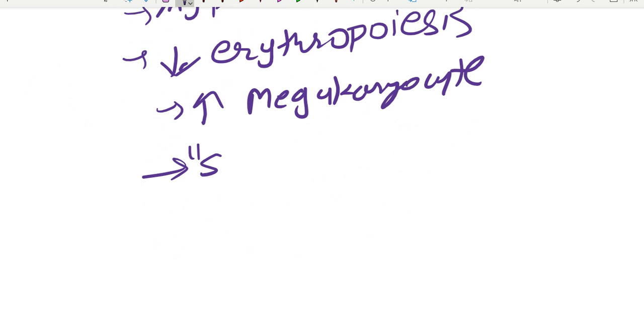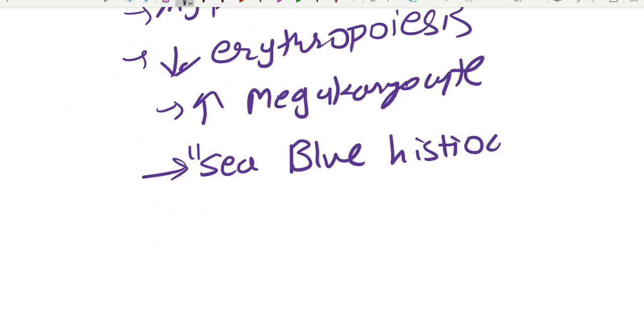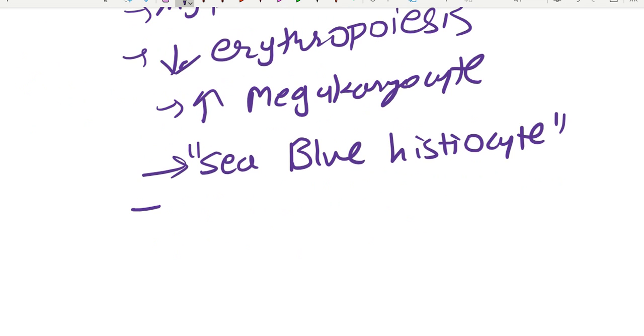Some characteristic cells seen in bone marrow are sea-blue histiocytes. Bone marrow fibrosis occurs in the last stage.